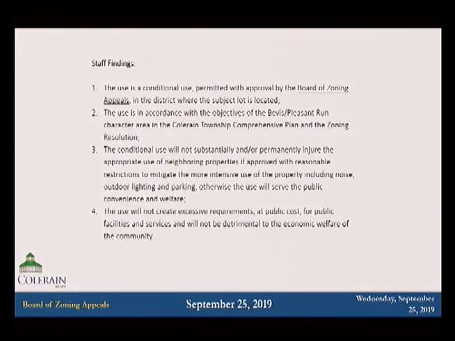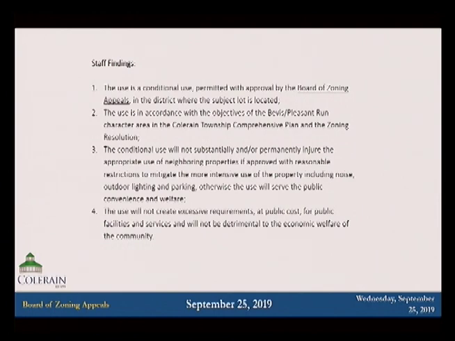Staff finds that this use is a conditional use permitted with approval by the Board of Zoning Appeals in the district where the subject lot is located. The use is in accordance with the objectives of the Beavis Pleasant Run character area in the Colerain Township comp plan and zoning resolution.